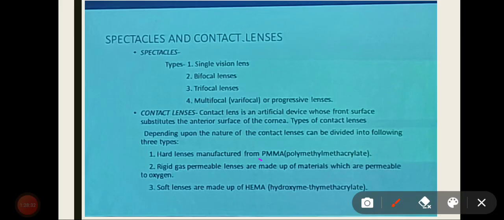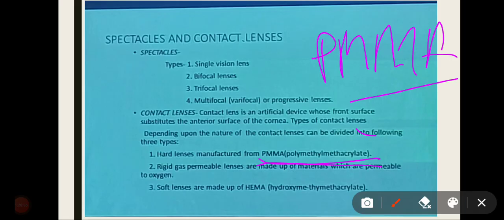You should remember PMMA means polymethyl methacrylate, and HEMA is hydroxyethyl methacrylate.